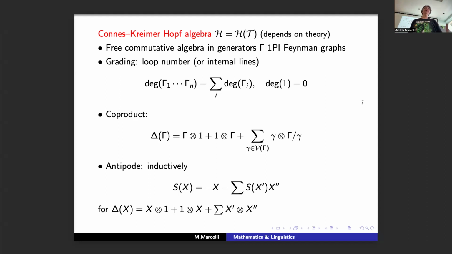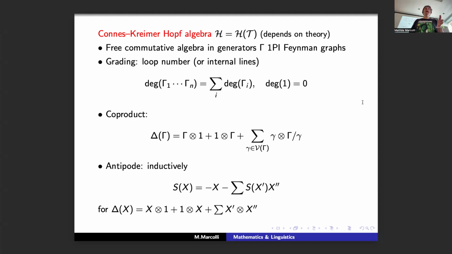And the point is that there's again a similar argument. If you know how to compute the ones that are one particle irreducible, you can compute all the other ones as a product with a single propagator that connects them. So the others are determined. This means you can take as generators of this Hopf algebra the connected and one particle irreducible Feynman graphs of your theory.